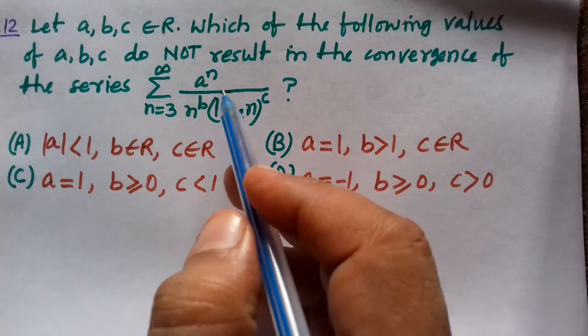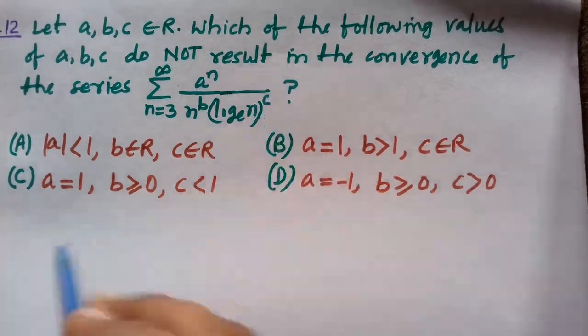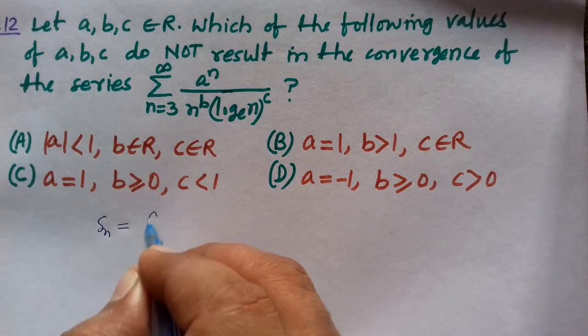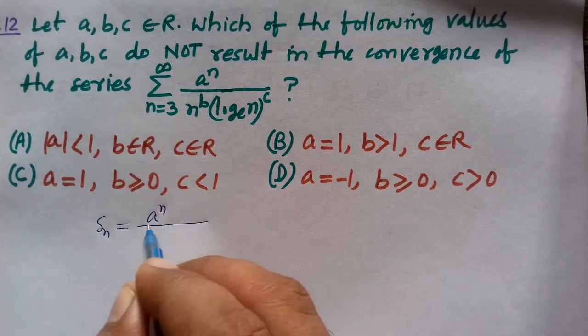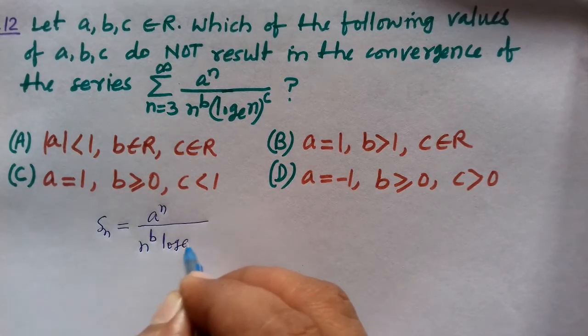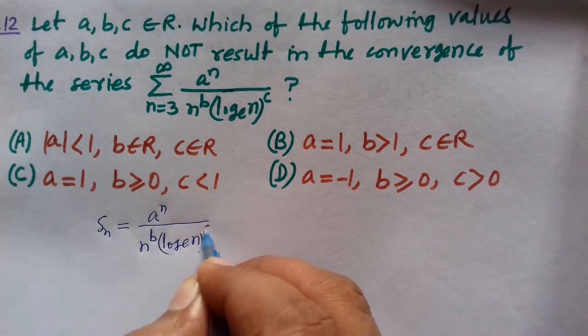Let this thing be Sn. So Sn will be a to the power n, n to the power b, log e n to the power c.